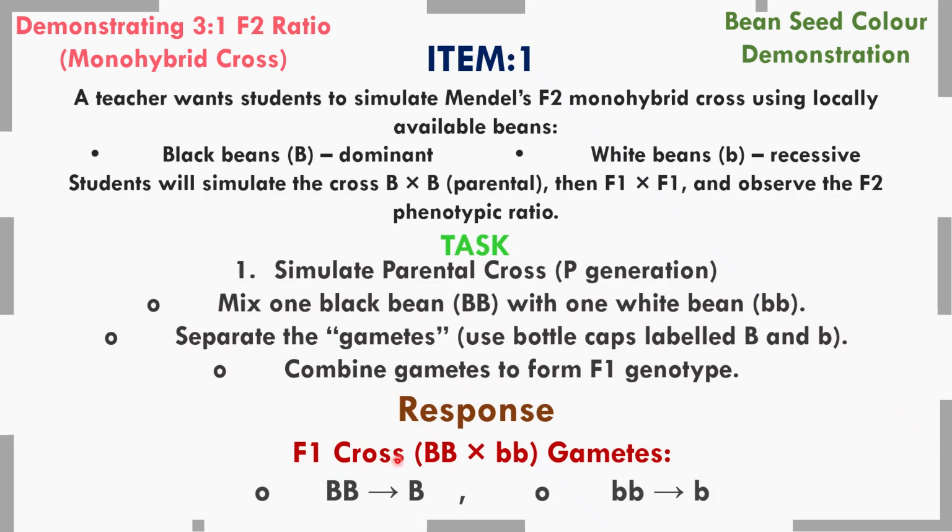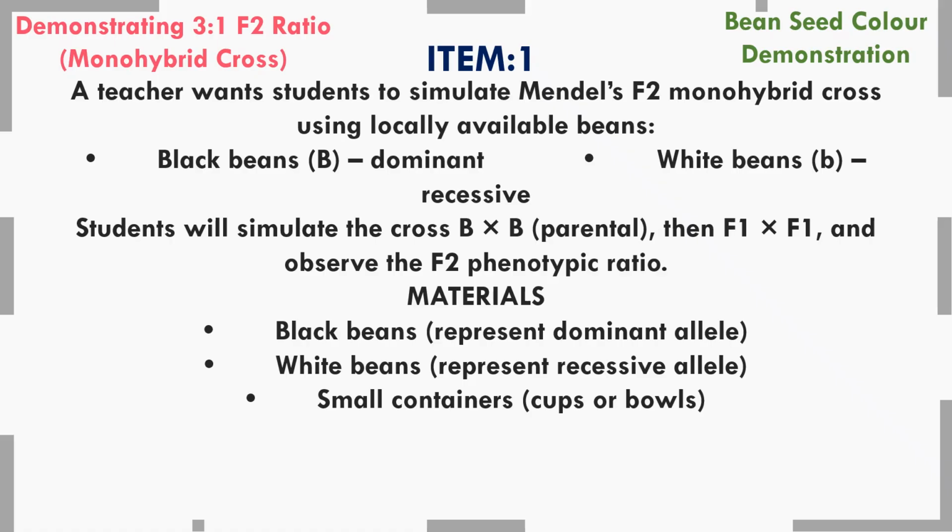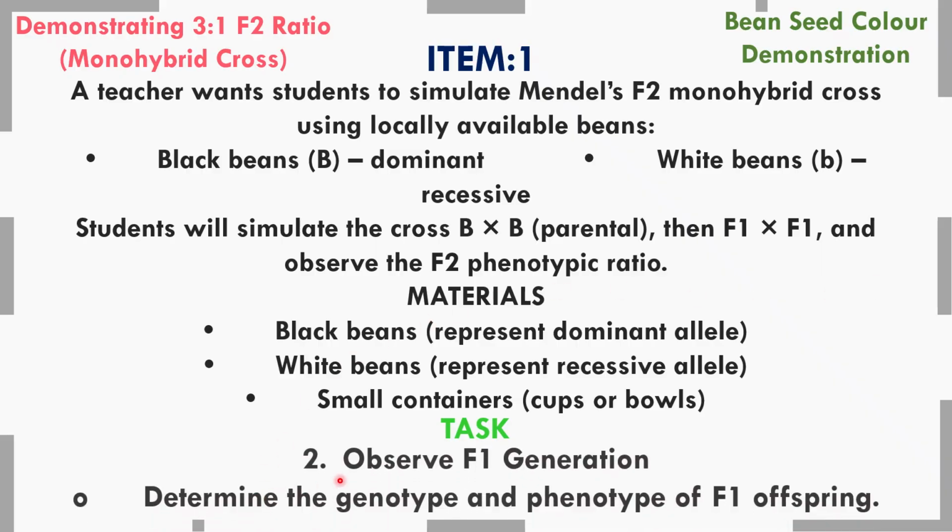F1 cross: capital B crossed with small b. The gametes: capital B will give us gamete capital B, and small b will give us gamete small b. Observe the F1 generation.